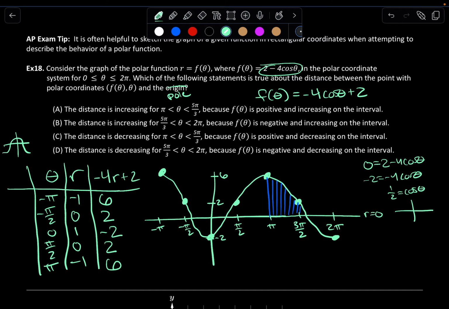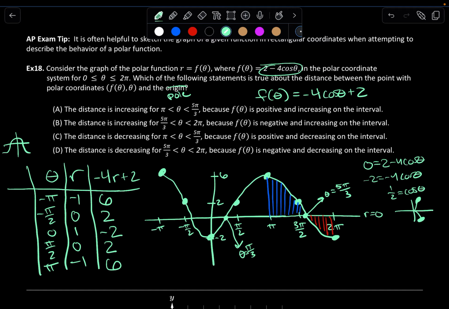And then on our unit circle, cosine 1/2 will be at pi over 3 and 5 pi over 3. So that means here, this is pi over 3, but that doesn't matter for this problem. But here, this is when theta is equal to 5 pi over 3. So we can easily find out when it crosses the x-axis by setting it equal to 0. And then once we pass 5 pi over 3, I can see that the function is negative and decreasing.